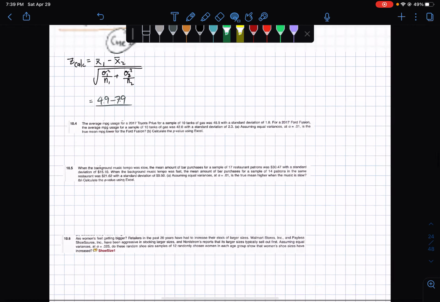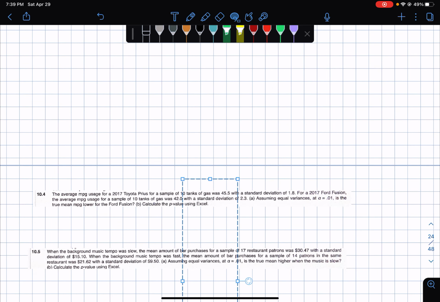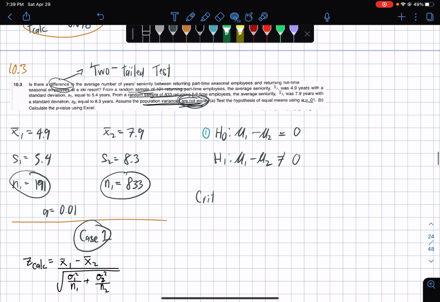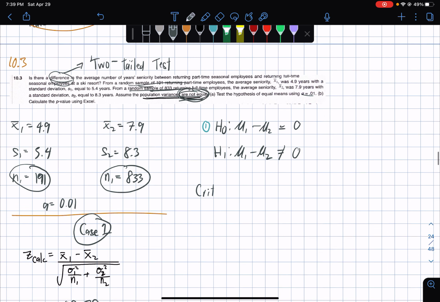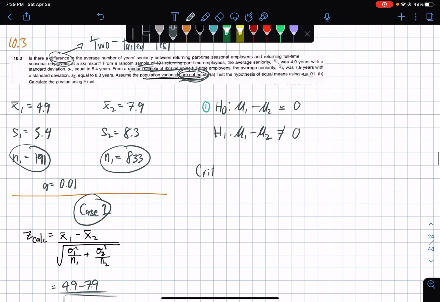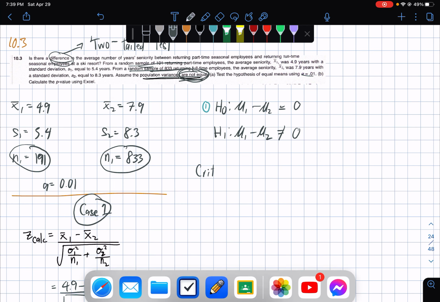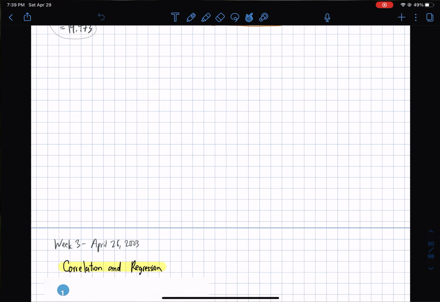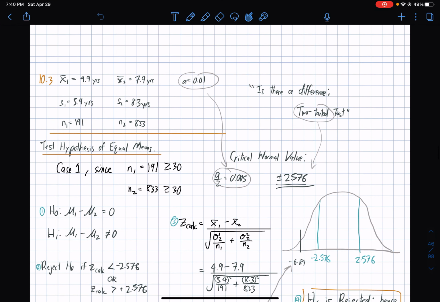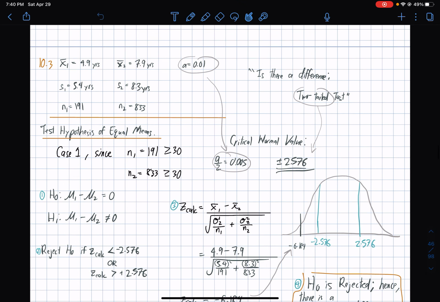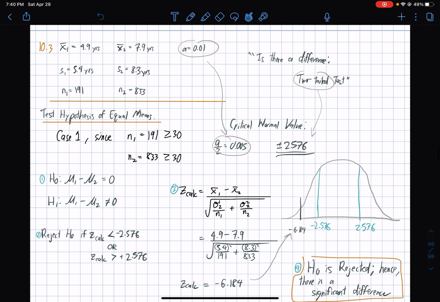Oops. I'm gonna need a lot of space. Sigma1 raised to 2. Wait a minute. Let me double check 10.3. Which case do we use? I wonder.